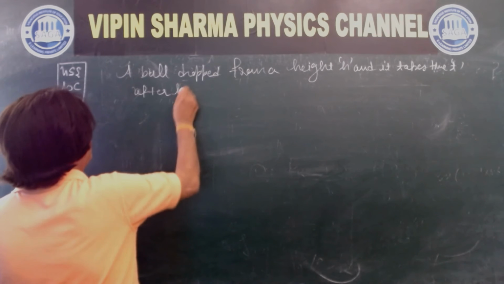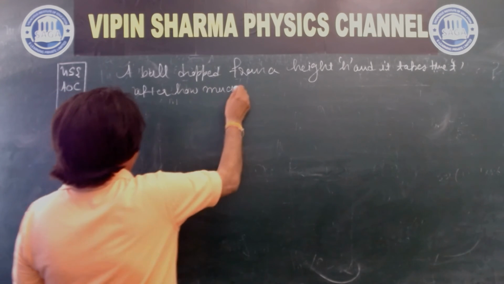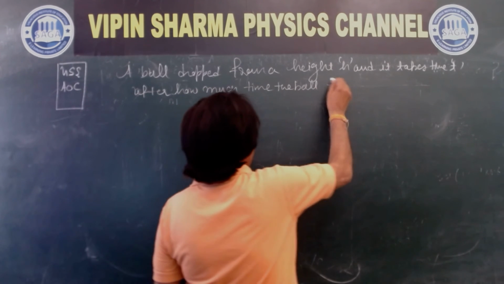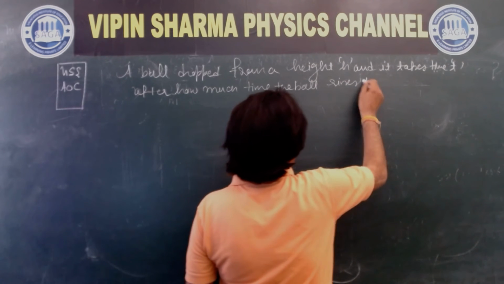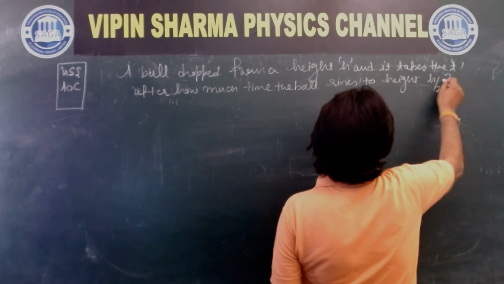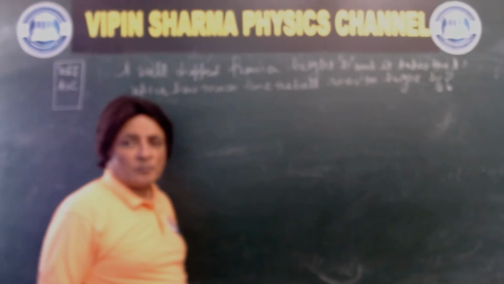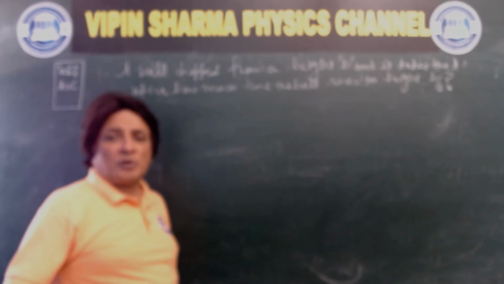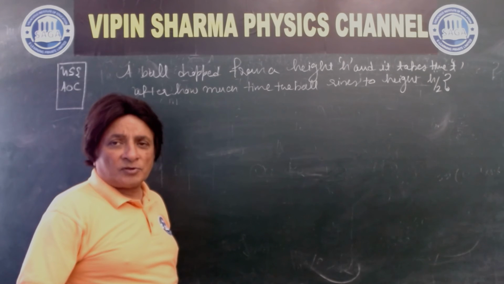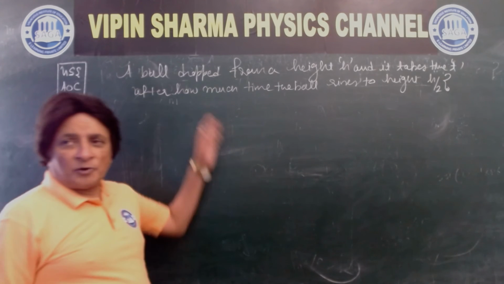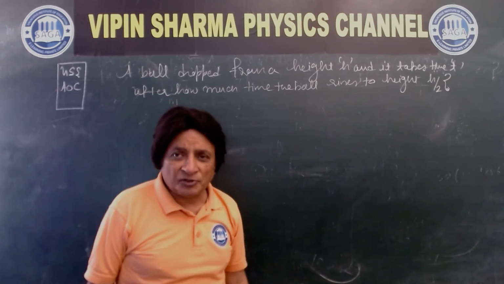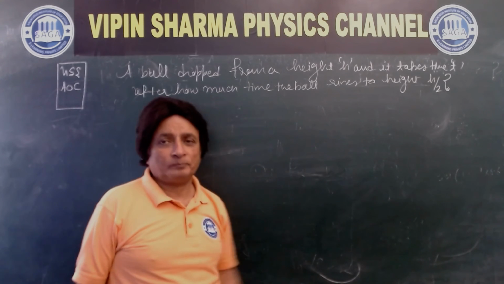After how much time does the ball rise to the height h upon 2? So dear students, this is the question. A ball is dropped from a height h and it takes time t. After how much time does the ball rise to the height h upon 2?